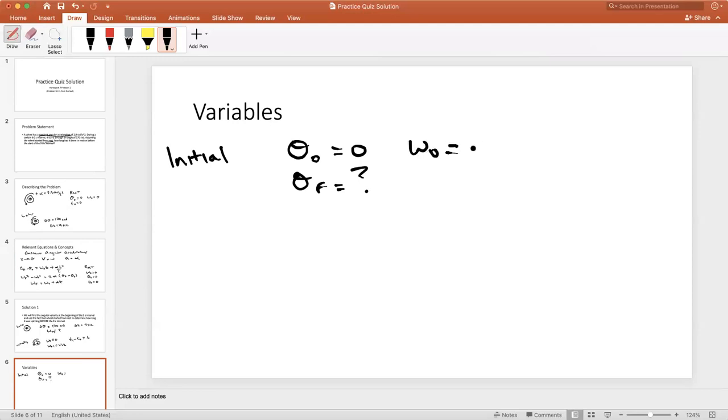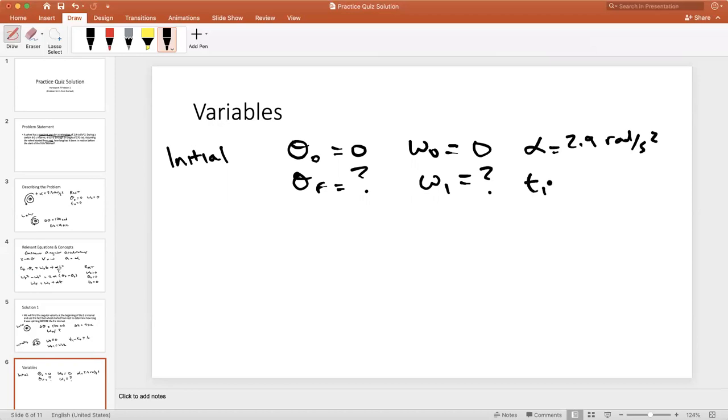My initial angular velocity was 0. And my final angular velocity, right before I began measuring this 170 radian angular displacement, I don't know what that is either. I do know that alpha was 2.9 radians per second squared.